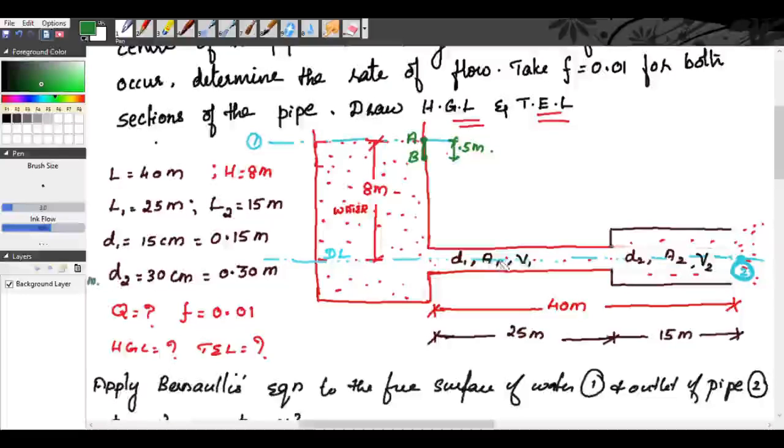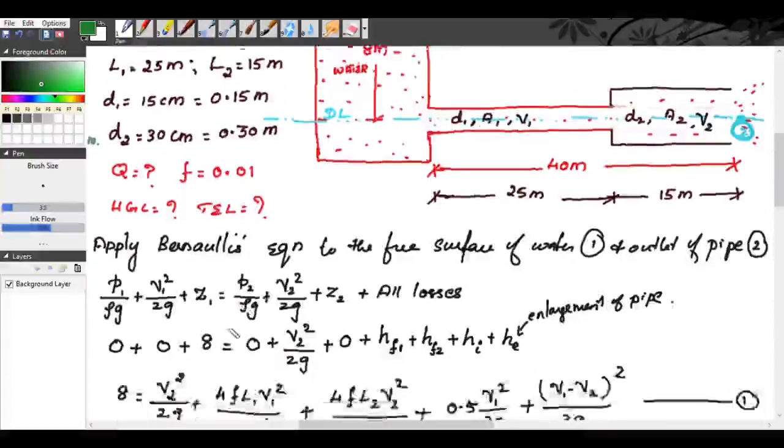So from this point to this point, when the water reaches this point, we have the loss HF1. So now we will find what is HF1. We are finding at the exit of the first pipe.